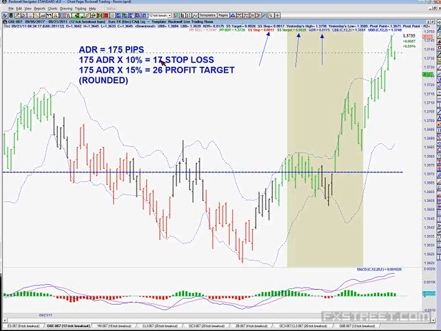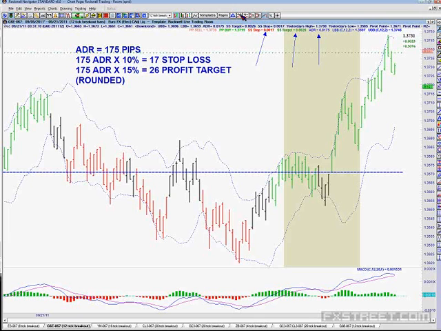Now, it's not less than 1-to-1, because 1-to-1 would be a 17 pip target, 17 pip stop loss. It's 1.5-to-1, and based on the type of movements that I'm looking for, smaller trends in the market, I'm looking to identify, this way I might get a couple of moves a day.